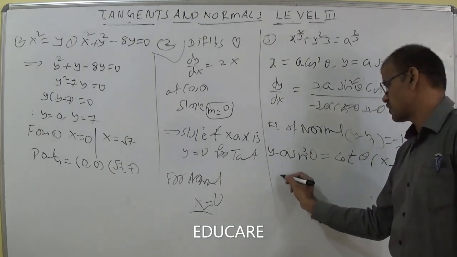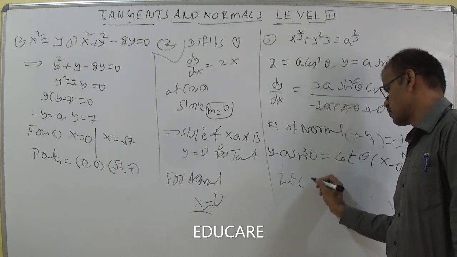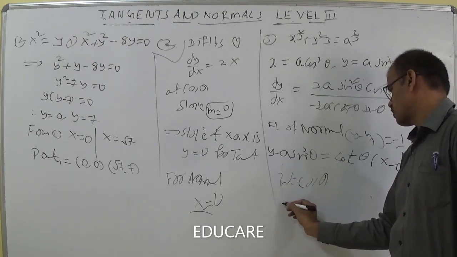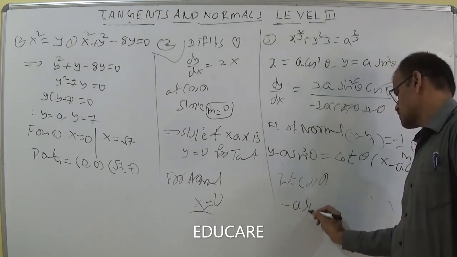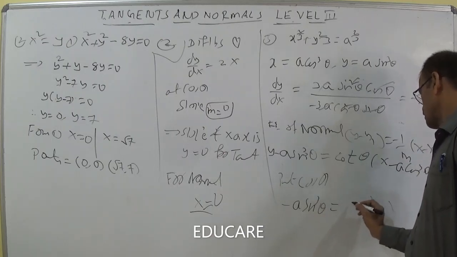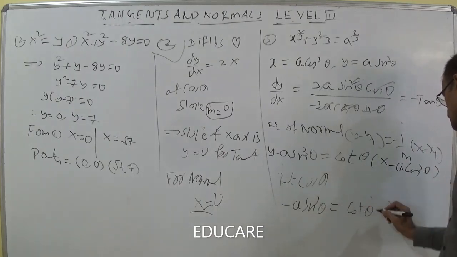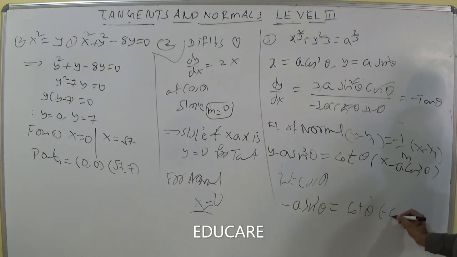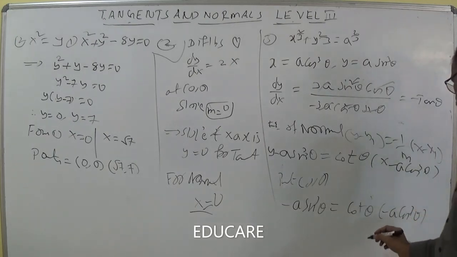Now you substitute 0 comma 0, as it passes through the origin. Minus a sin cube theta is equal to cot theta into minus a cos cube theta. Minus a cancels on both sides.